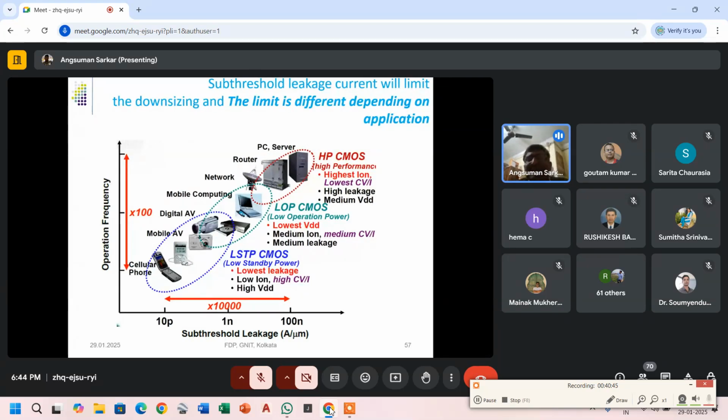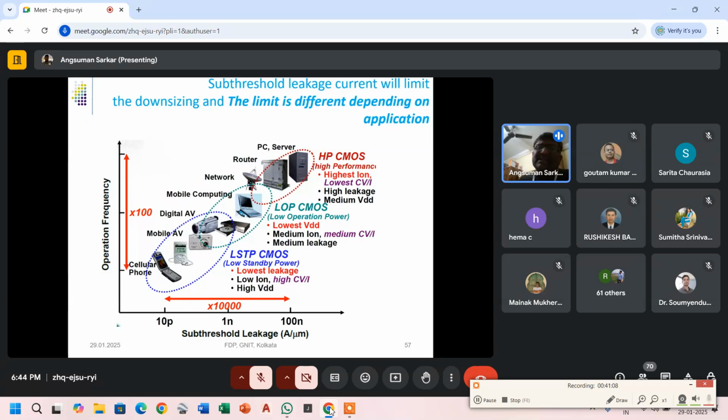Now in between, there is another one, LOP CMOS, or low operational power CMOS. So it is just in the middle, in between HP CMOS and LSTP CMOS. We are not sacrificing the performance totally, nor are we sacrificing the leakage totally. So the performance will be in between.